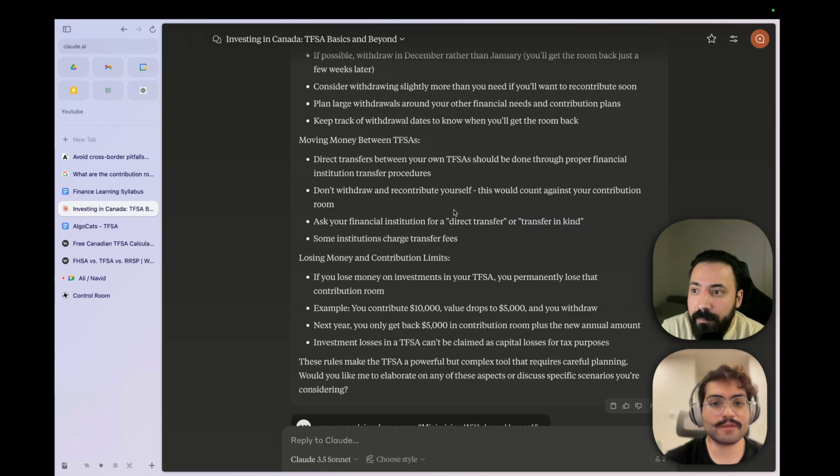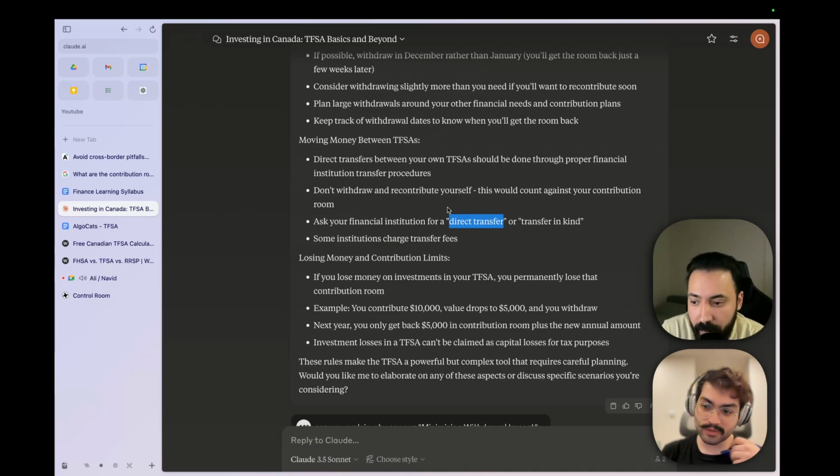If you do a direct transfer between two TFSA accounts of your own, it won't count against your contribution room. If you withdraw that money into another bank account and then put it again into your TFSA, it's going to affect that. Interesting. I didn't know that actually.